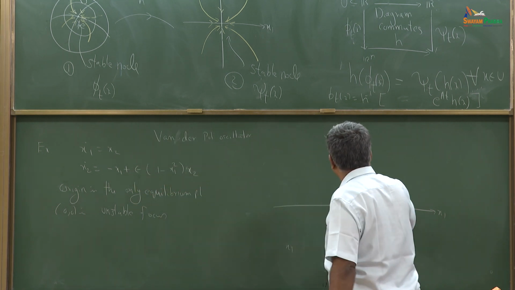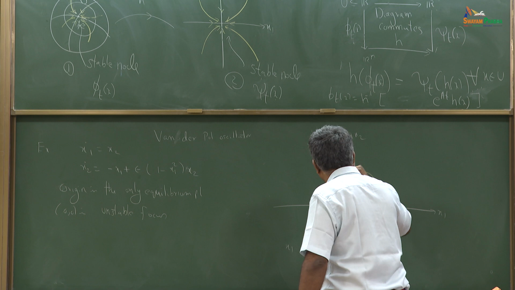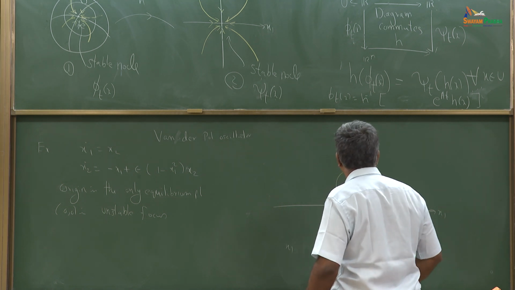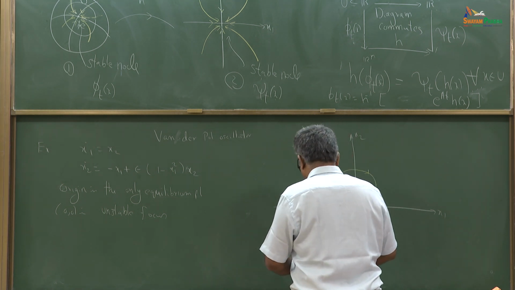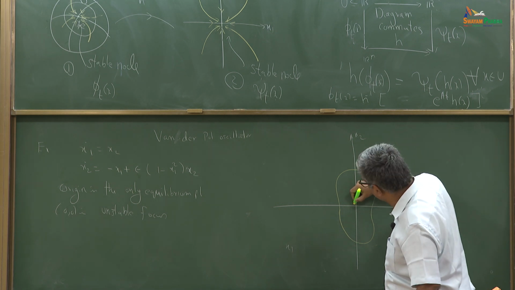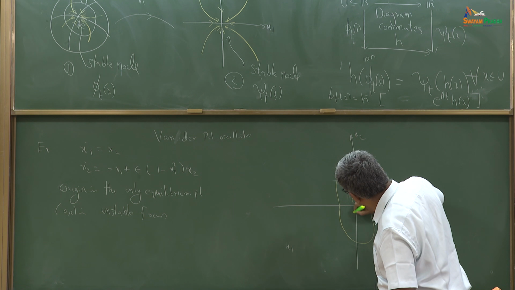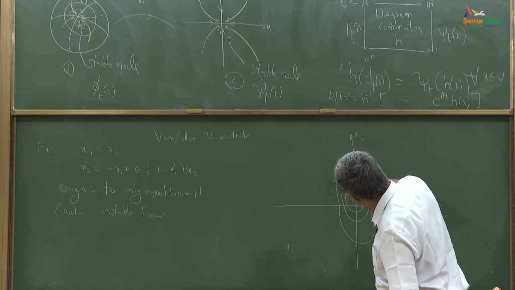So you will have some, okay, this is the limit cycle.